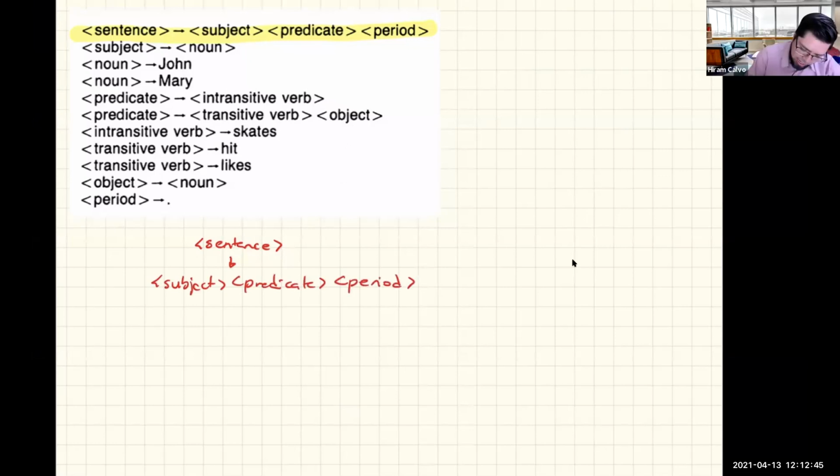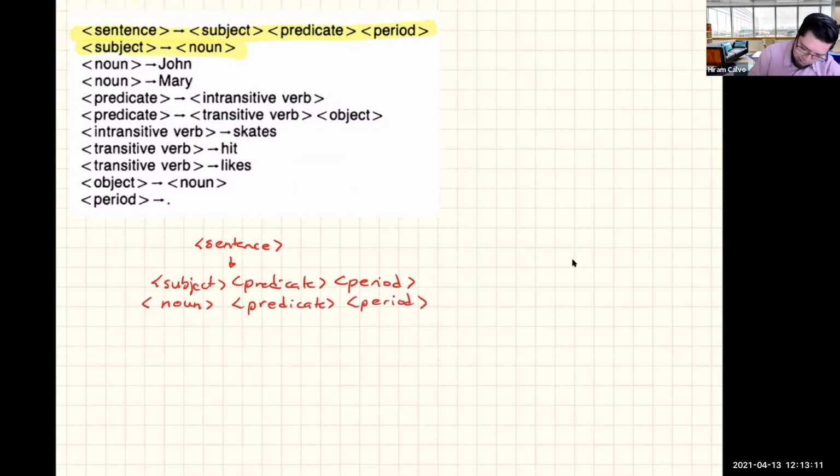Then, in turn, each one of these elements can be rewritten in a different way. For example, subject, we have only one rule for subject, and it says rewrite subject with noun. If we rewrite it, we can write everything as noun, and the remaining part goes exactly the same, predicate and period.